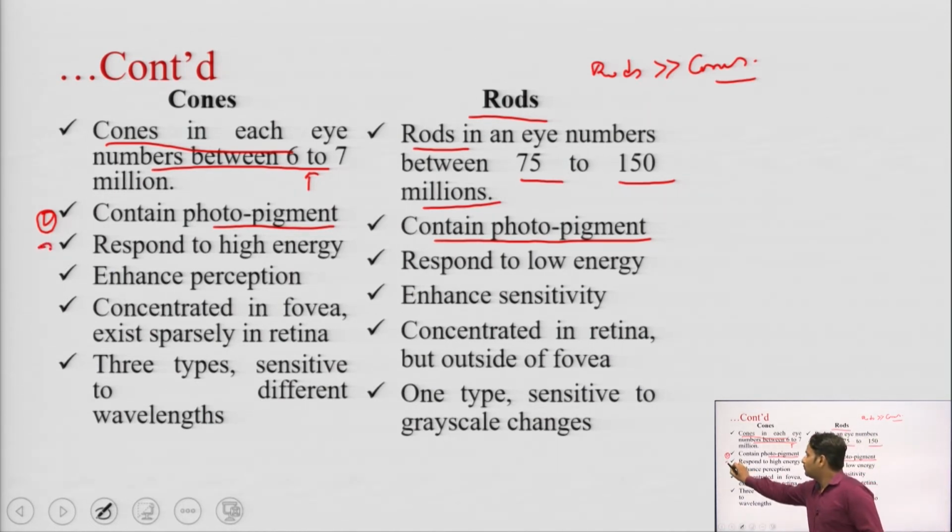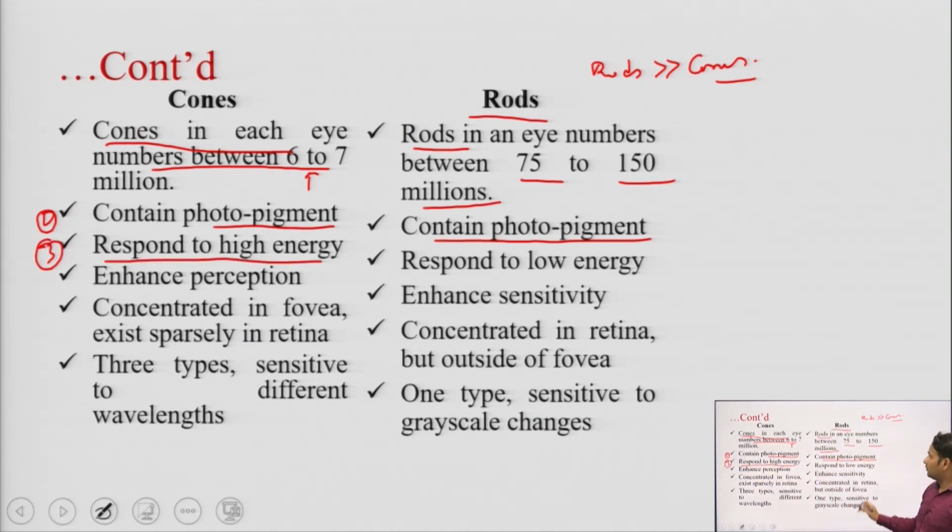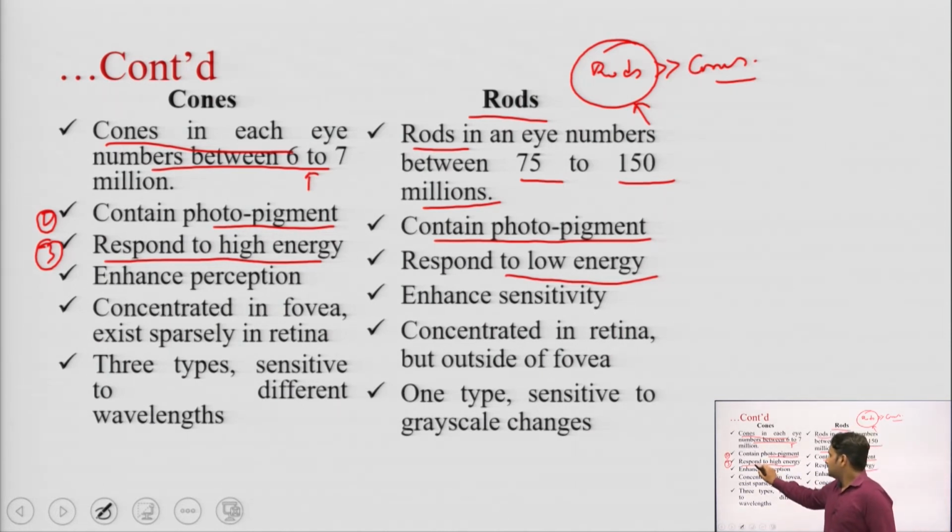Third point: cones respond to high energy, but rods, because they are present in higher number in your human eye, will also respond to the lowest energy. For cones high energy is required, but if we have a low energy reflection, then rods are also part of the action.